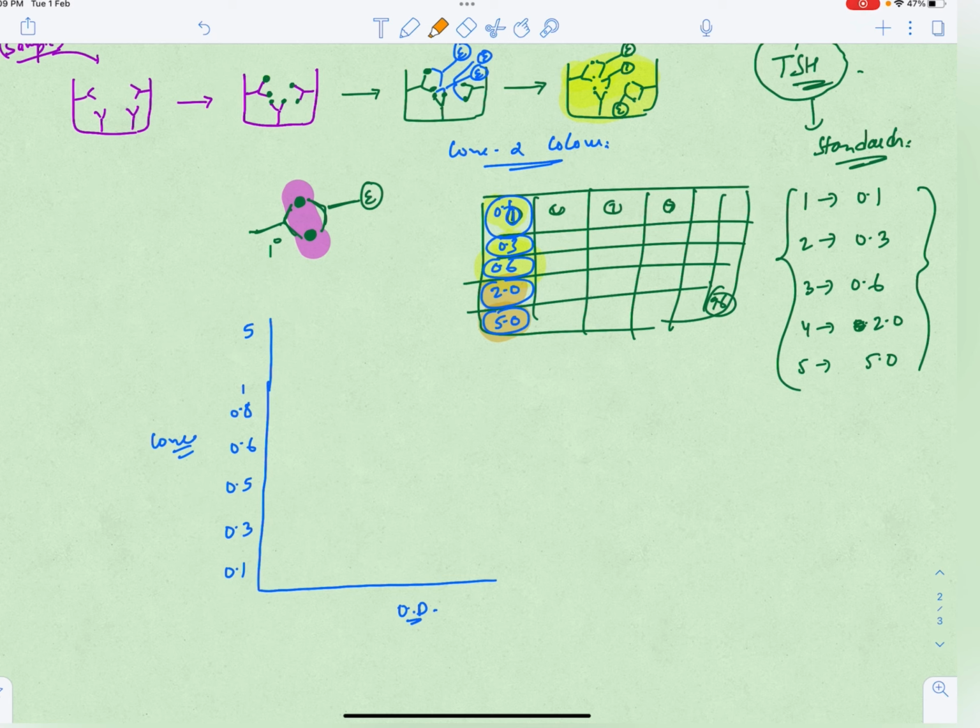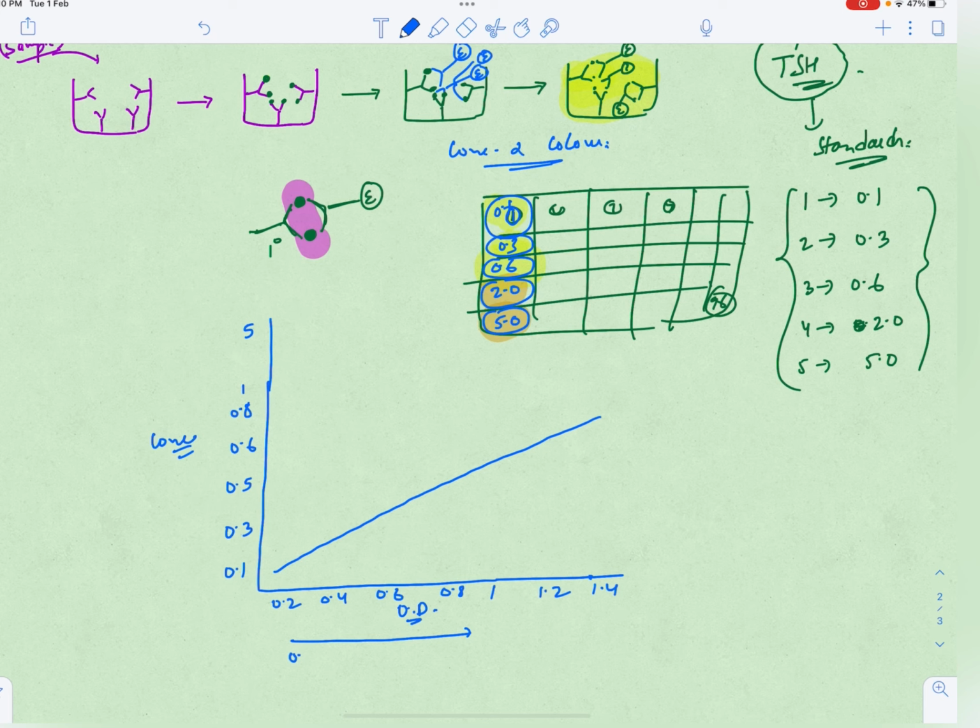If the concentration and color increase, obviously the optical density would be more. So on this optical density axis, suppose it is 0.2, 0.4, 0.6, 0.8, 1, 1.2, 1.4. As the concentration increases, the optical density also increases, and the color also increases.